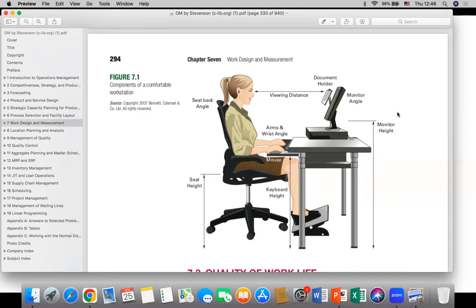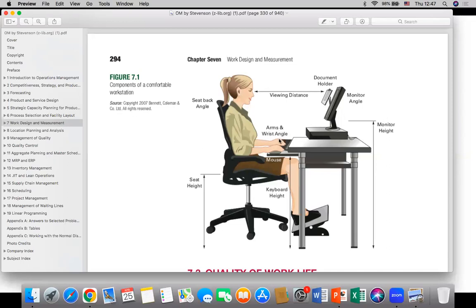So for example, this picture will make it clear. When you are sitting on a chair, the design of the chair is ergonomics. The height of the chair is ergonomics. Keyboard placement is ergonomics. Placement of the mouse is ergonomics. Height of the table, ergonomics. Height of the monitor, ergonomics.